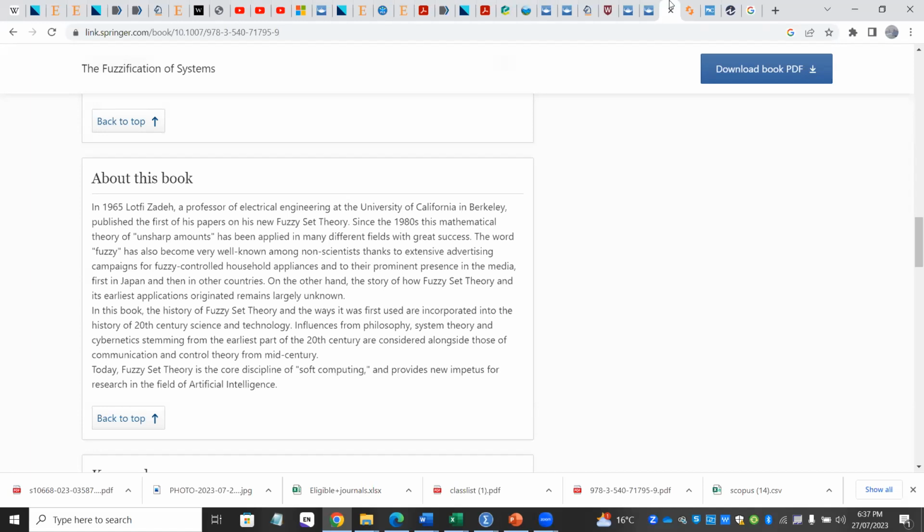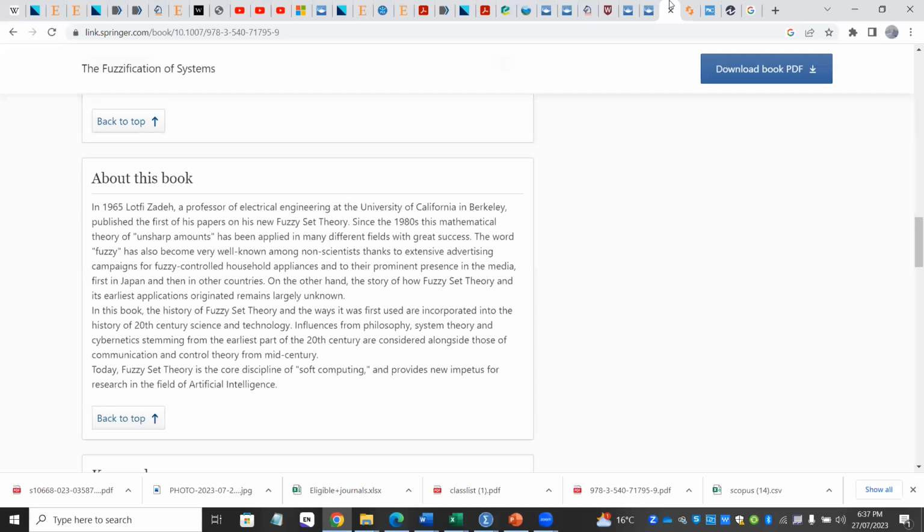Washing machines, yes. Normally, if you have bought a washing machine before and you read the content, they talk about this fuzzy thing in there. Fuzzy controlled household appliances had a prominent presence in the media, first in Japan and then in other countries. On the other hand, the story of how fuzzy set theory and its earliest applications originated remains largely unknown.